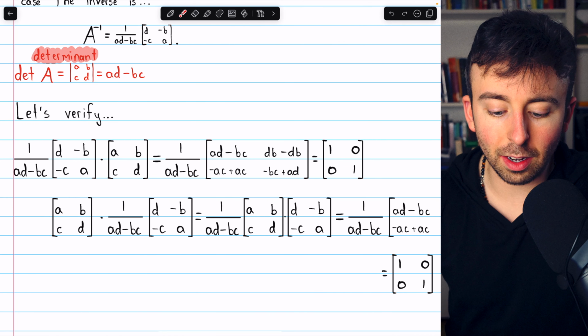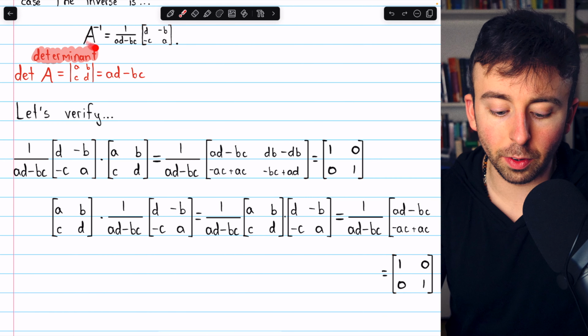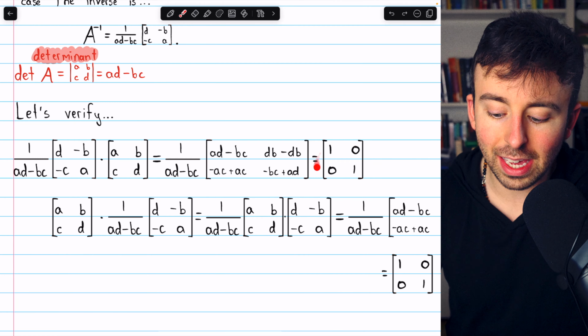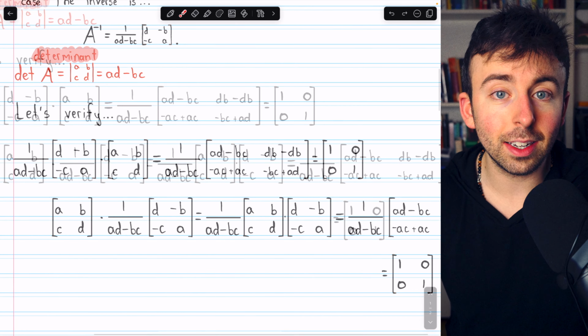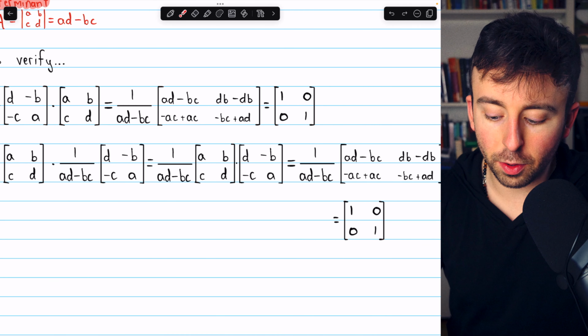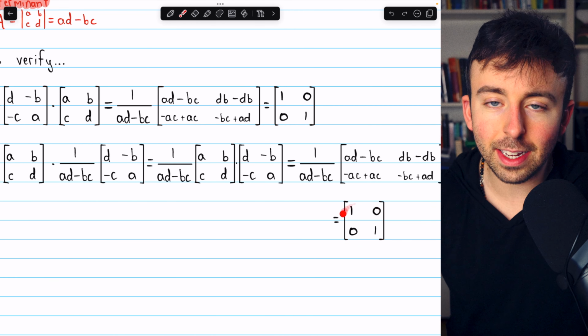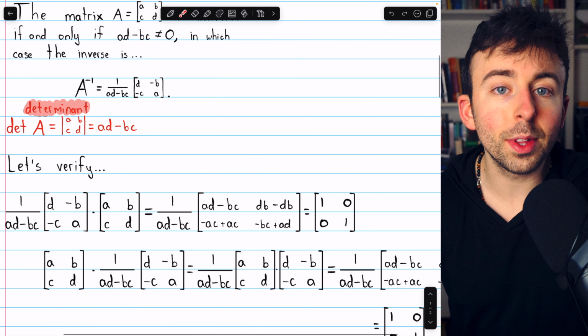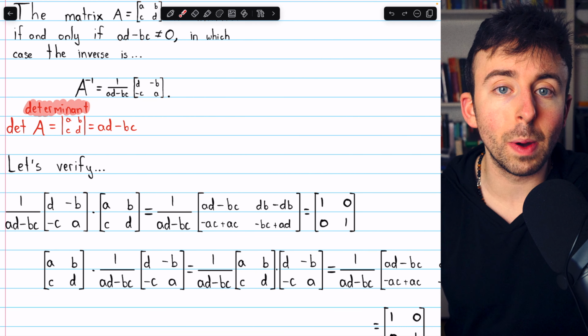And so you can see that multiplying what we think should be the inverse on the left does indeed invert the matrix and leave the identity matrix behind. A very similar computation shows that multiplying the inverse matrix on the right also produces the identity, thus verifying that yes, this is the correct formula for the inverse of an invertible 2 by 2 matrix.